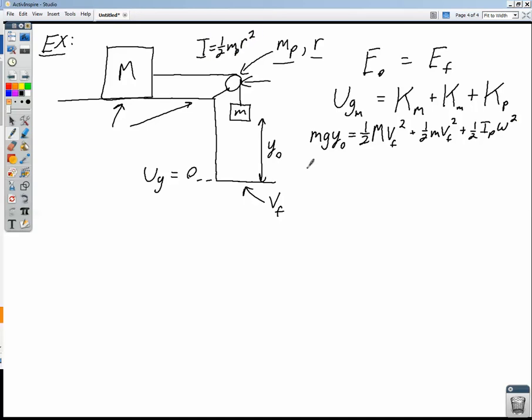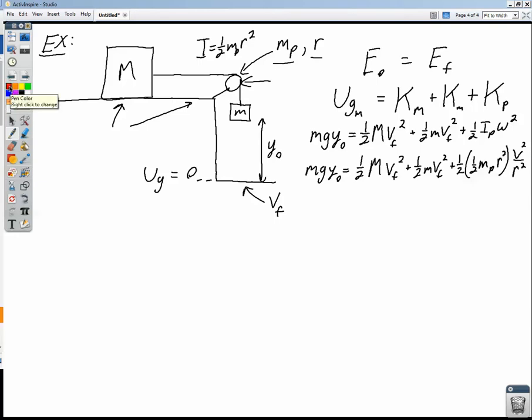So putting that in, we have m g y naught equals 1/2 big M v final squared plus 1/2 little m v final squared plus 1/2 of 1/2 mass of the pulley r squared times omega squared. We're going to assume the rope doesn't slip over the pulley, so we can use omega equals v over r, squared. All right, so that's our complete expression for conservation of energy.